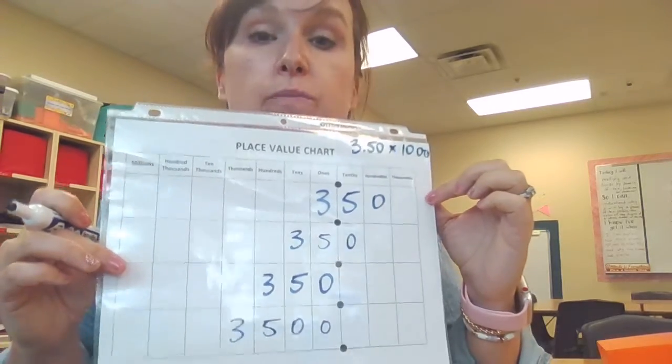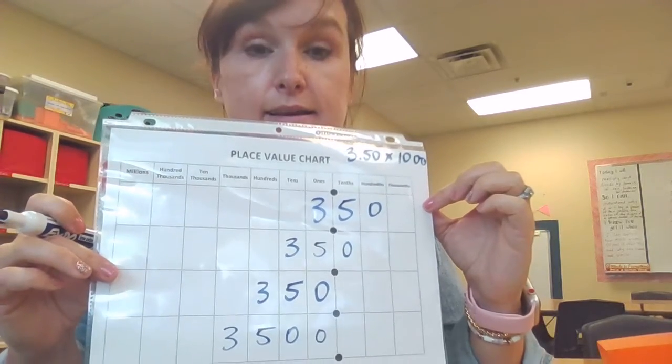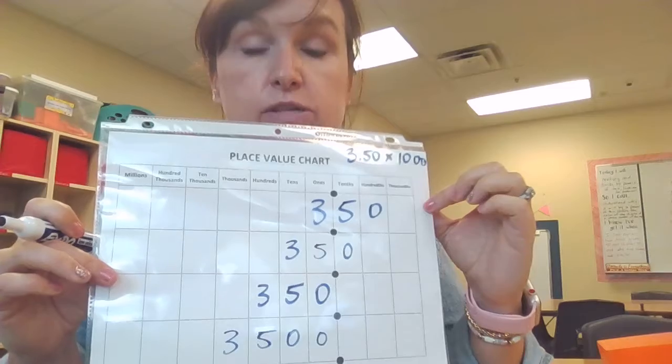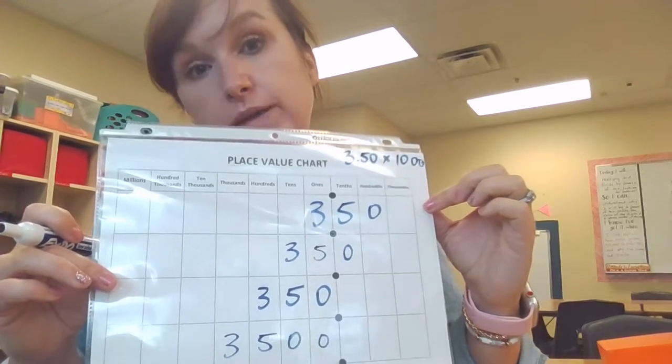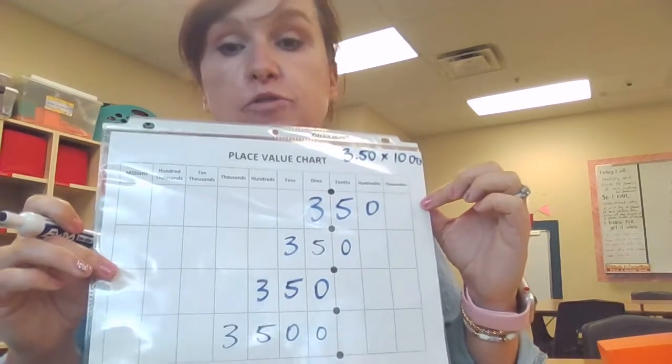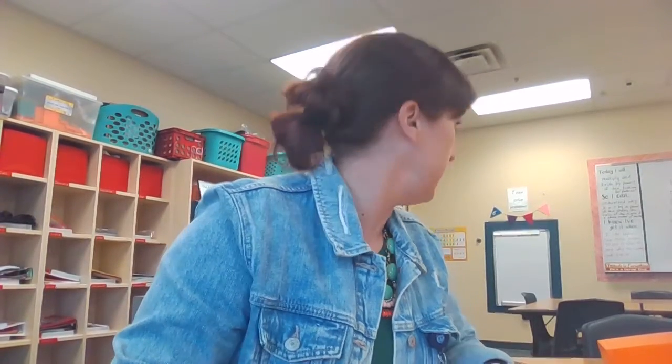So as we multiply by 10, we're going to shift things over greater one place value. Okay. Now let me throw one more thing at you. I'm going to give you two numbers: 50,000 and 50.